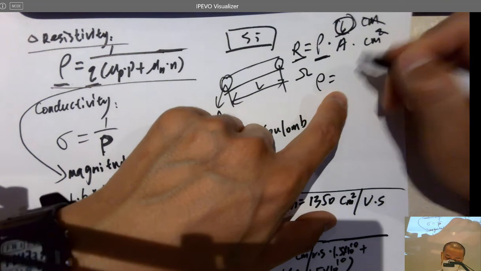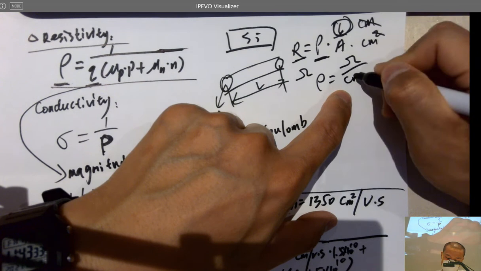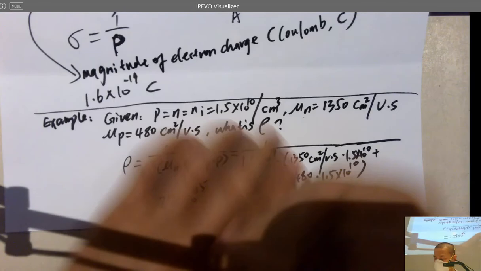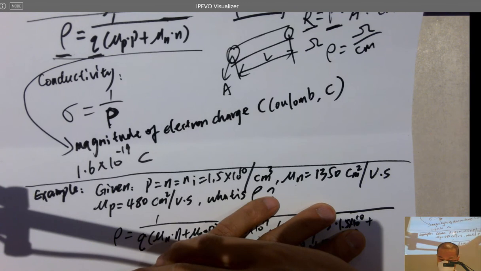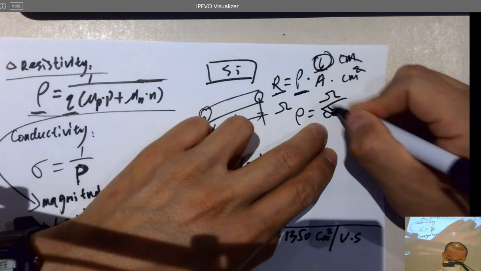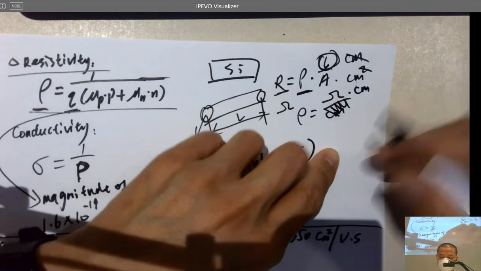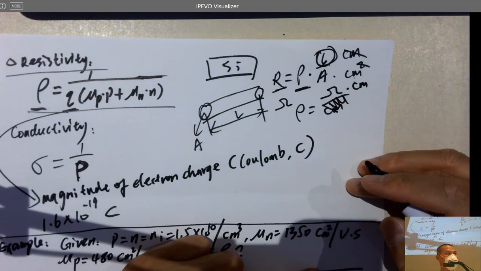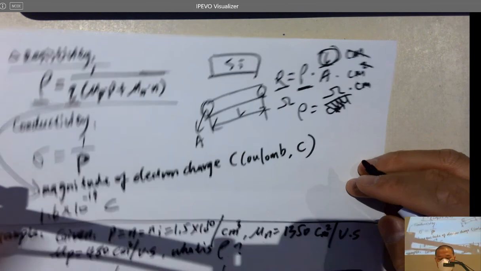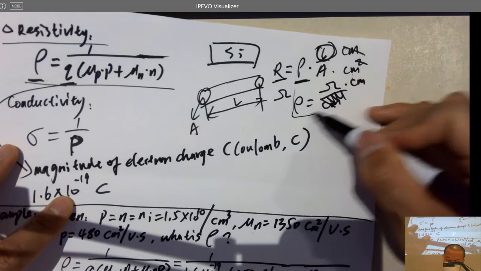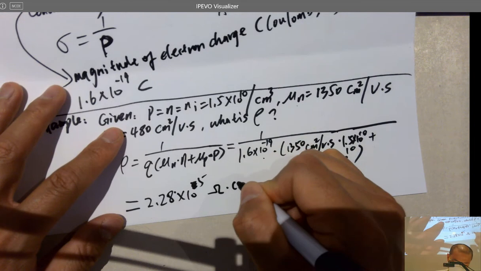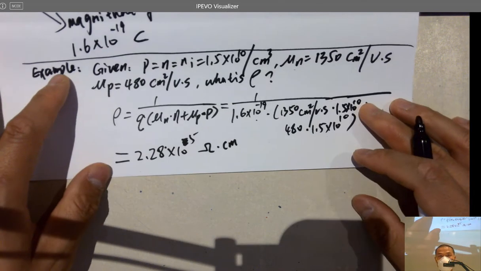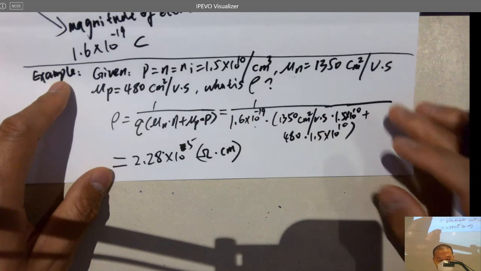So rho equals ohms over centimeter. Is that correct? Oh no, ohms times centimeter. So that's the unit for resistivity. Ohms times centimeter.